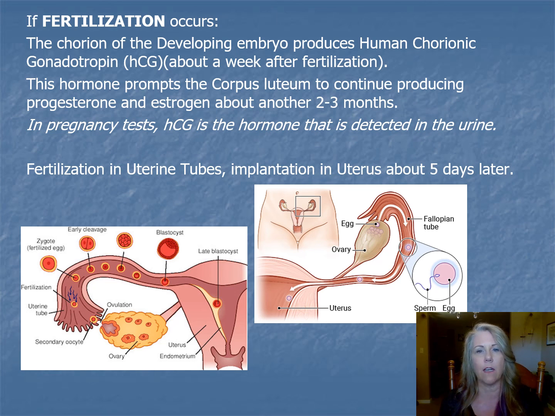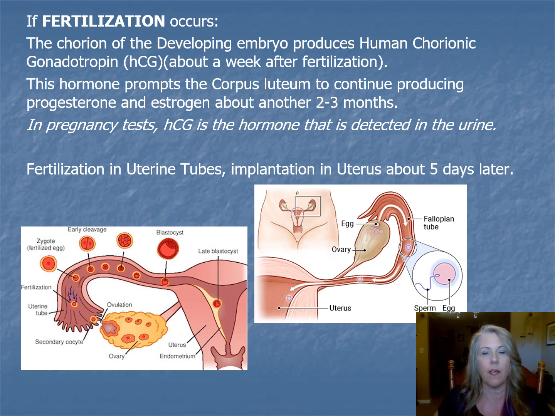There are ciliated cells that line the uterine tubes, always beating in one direction, and so it helps to move it into those uterine tubes. Now, fertilization optimally occurs in the uterine tubes, not in the uterus. This is maybe something that you've never heard of before, but optimally it will occur in the uterine tubes.